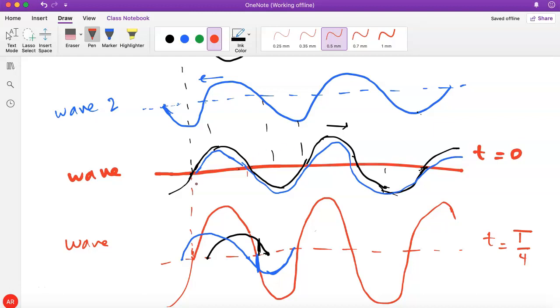One lambda is from here to here, and then two nodes appear here and here. So anywhere where you get these zeros, which happens twice in one wavelength, that's a node, and the distance between them is just lambda over 2, the wavelength of the original individual waves, wave 1 and wave 2, divided by 2.